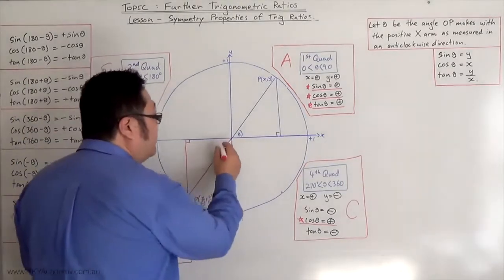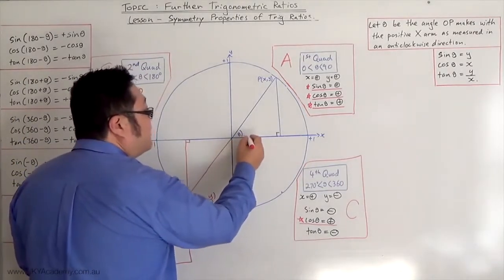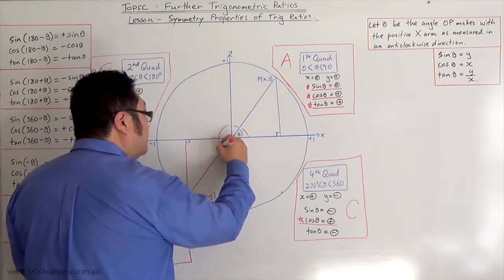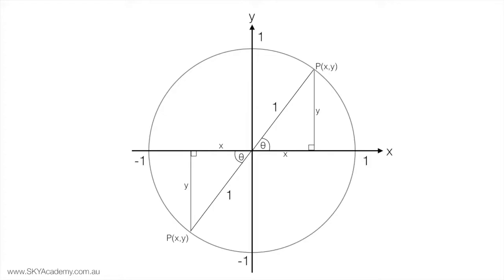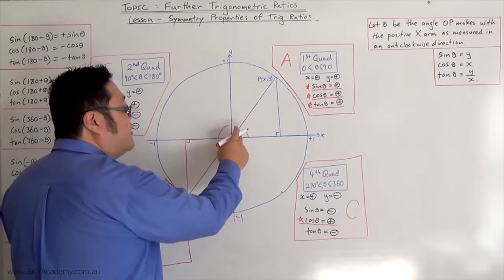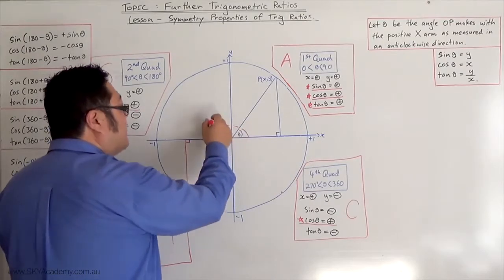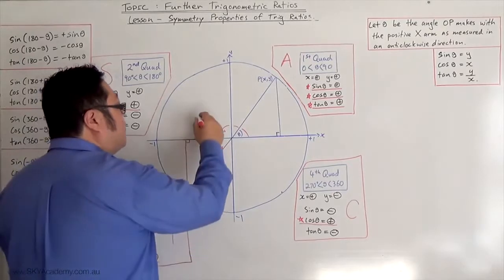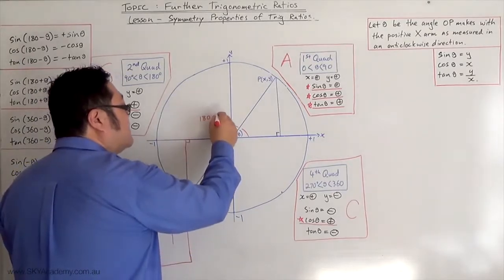The angle here is measured from the positive X arm and goes all the way around. Do you remember that? But because we're basing that angle on the first quadrant angle, instead of being theta, it's going to be 180 plus theta.